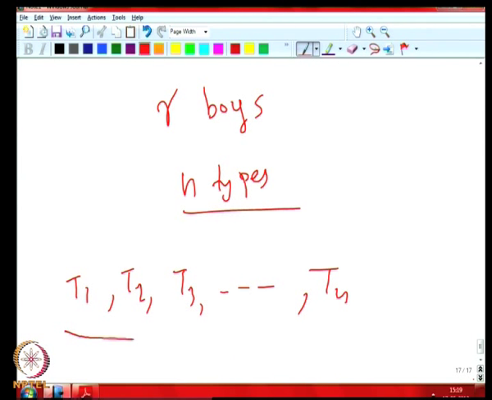But you can select any type any number of times. For instance, a type i pen can be taken any number of times if you wish. Just that we finally have to take R pens out of it. In how many ways can you do it?